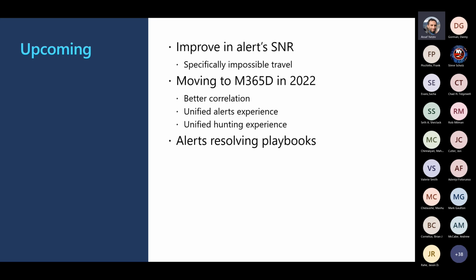The data science team is working really hard on improving the alerts signal-to-noise ratio. We specifically mentioned impossible travel, which is the source of most of the alerts, but we look at other alerts and try to improve them. So you should expect much less noise, better quality.